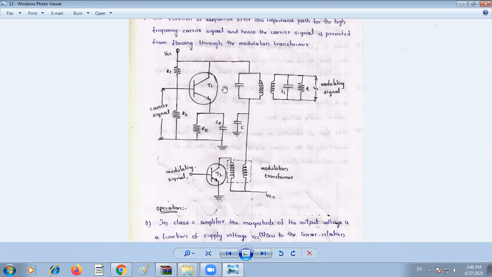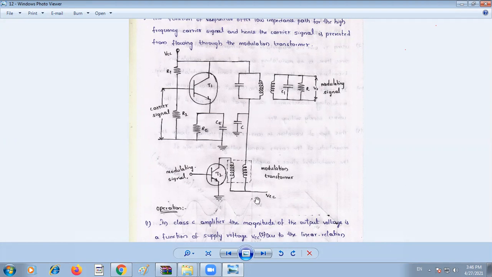The output is taken across the tank circuit, that is L, C, and R, an RLC circuit. The L is connected to the secondary of the transformer.